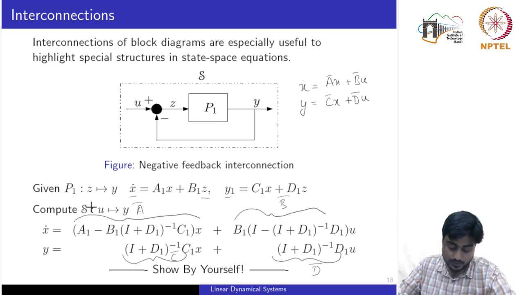Now when we compute the mapping from u to y, the input of the system is replaced by u from z, and all these matrices are now changed to these matrices by keeping the same output variable and the same state variable. Okay, so this you can show by yourself, if we have any feedback system, how to compute the overall state space representation from u to y.